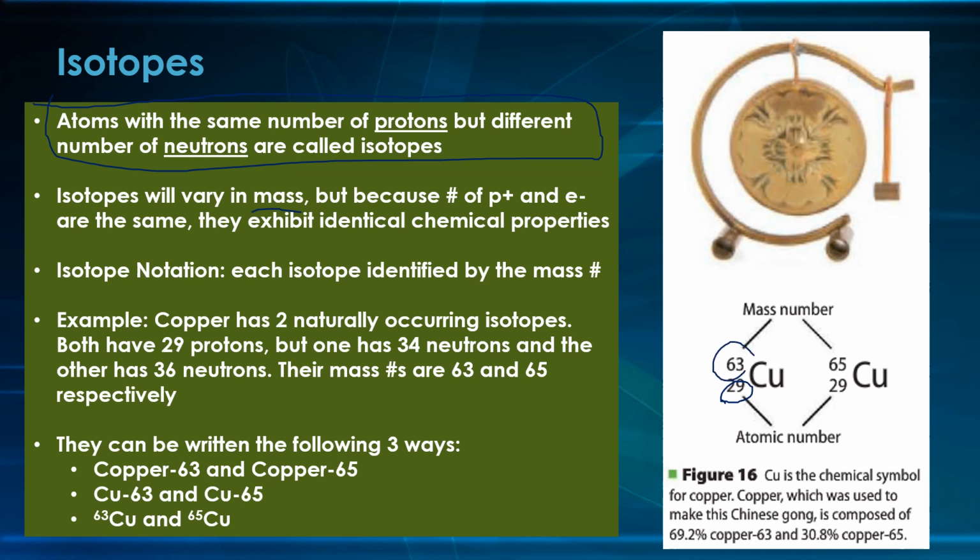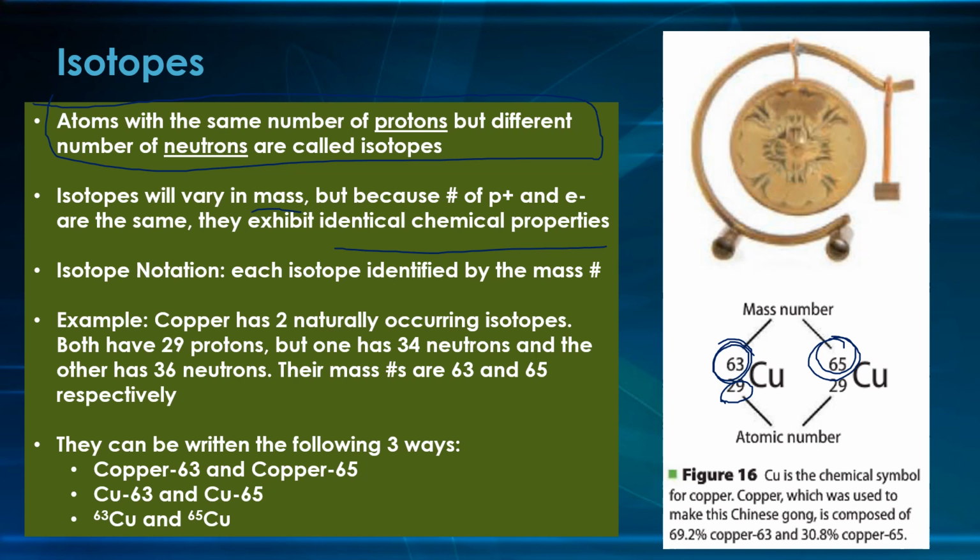I'm looking over here on the right that this copper atom has a mass of 63, but this copper atom has a mass of 65. So both copper atoms have 29 protons, but what differs is their overall number of neutrons sitting inside of that nucleus. So because the number of protons and electrons are the same for isotopes, they'll exhibit identical chemical properties.